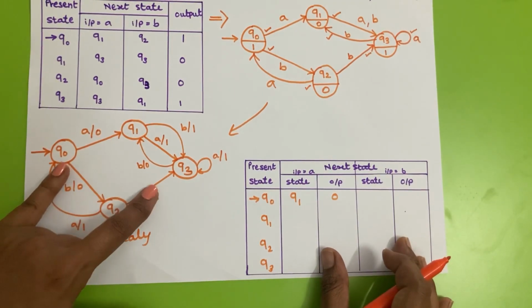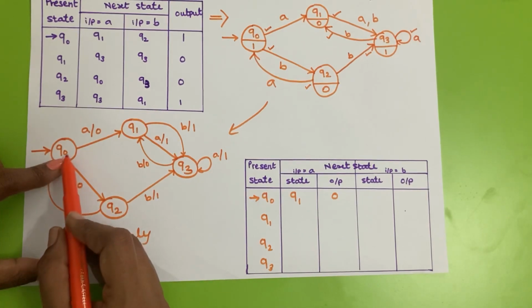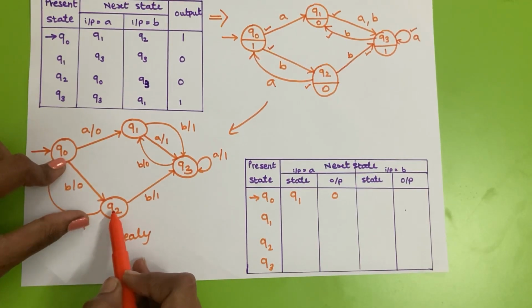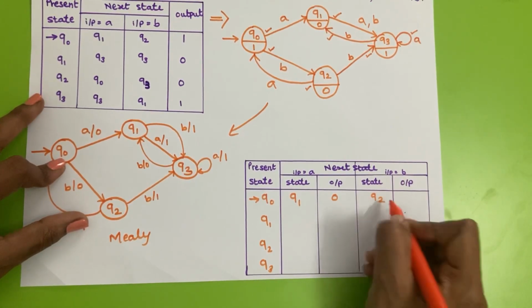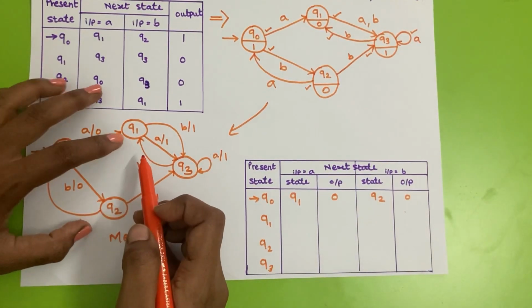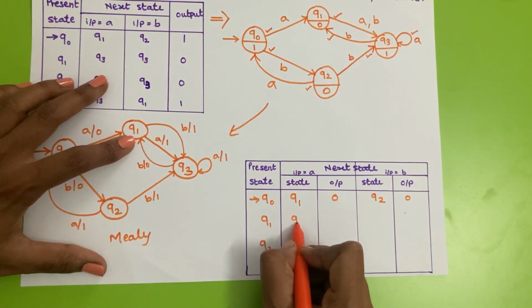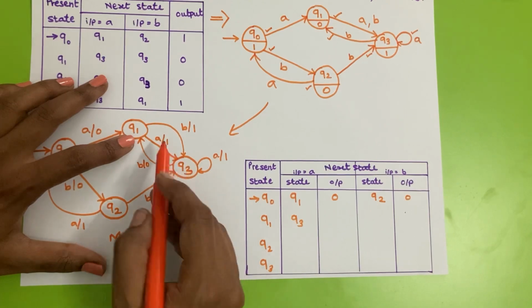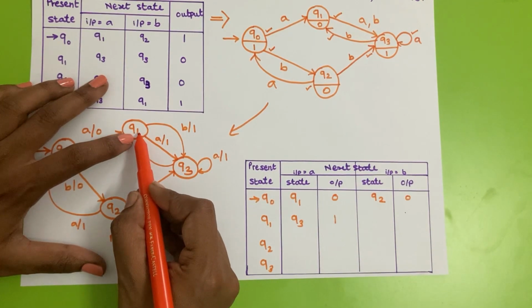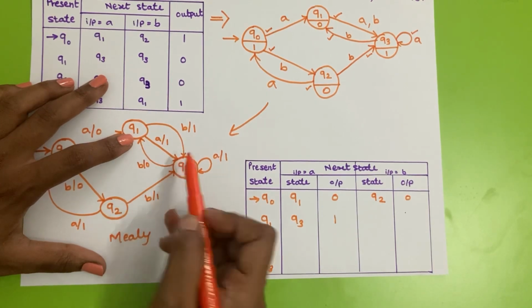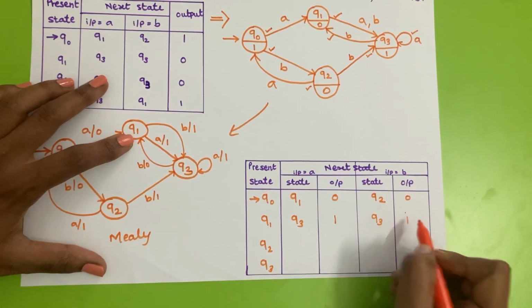Now next, Q0 on B: the next state is Q2 and B will be replaced by 0. Q1 on A going to state Q3 and A will be replaced by 1, and Q1 on B again going to state Q3 and B will be replaced by 1.